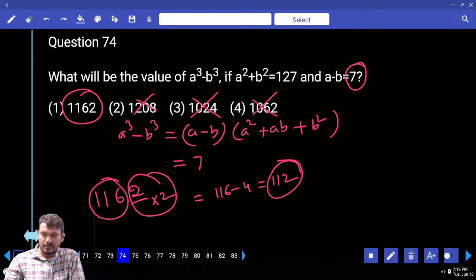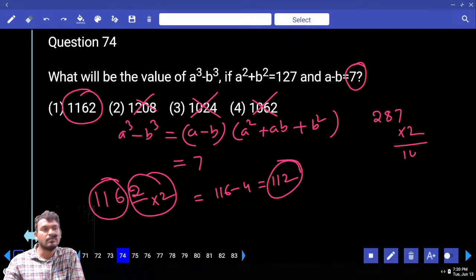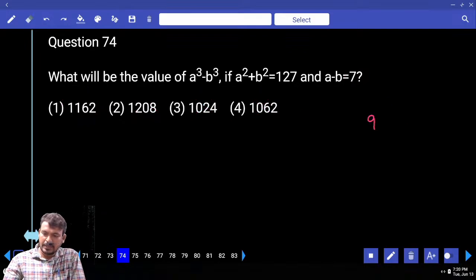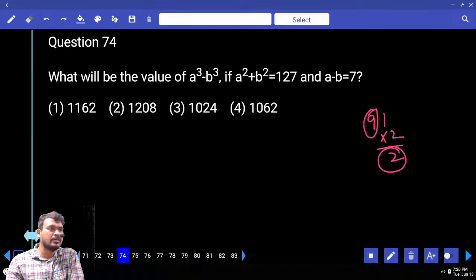Suppose it is 287, what is the last digit? 7 multiplied by 2, 14. 28 and 14, difference is 14. That 14 is exactly divisible by 7. Suppose it is 91, what is the last digit? 1 into 2 means 2. 9 and 2, difference 7. That is exactly divisible by 7.